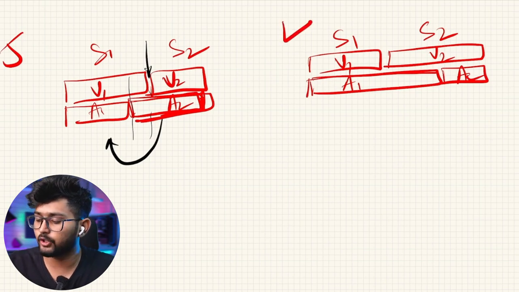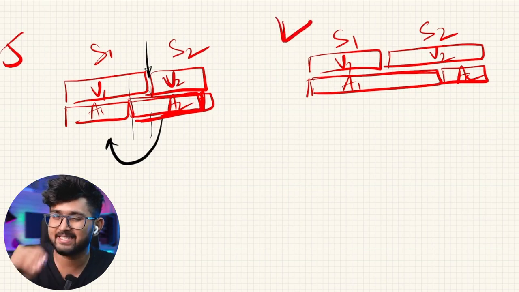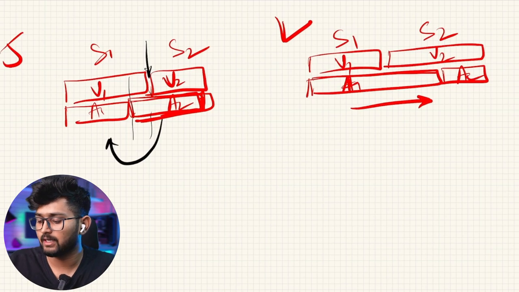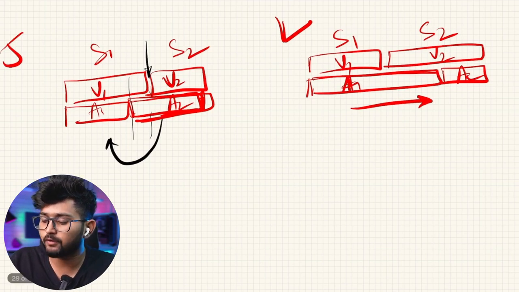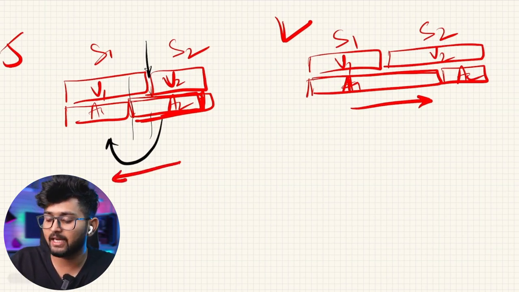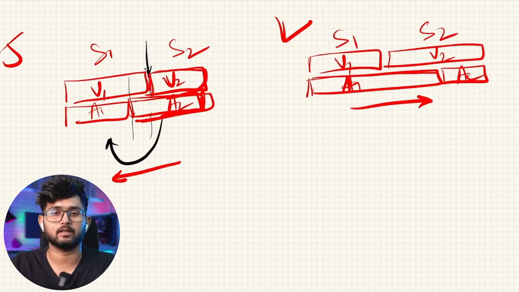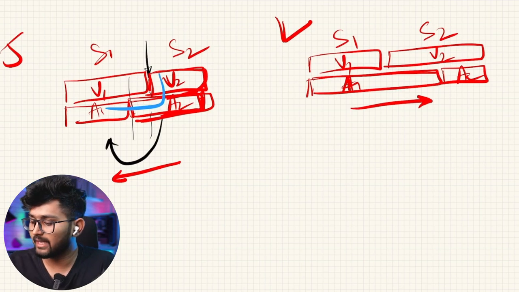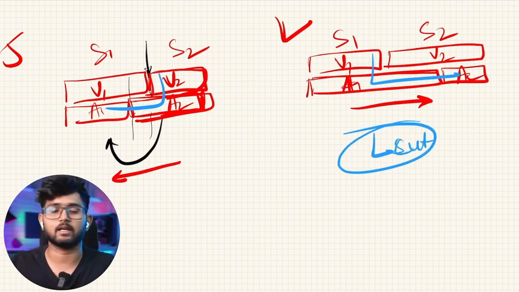But in an L-cut, it is the exact reverse. You have the audio of the first scene still trailing into the next scene. Here, the audio of the second scene was leading before the video started. That exactly looks like a J, whereas this looks like an L, and that is the reason why this is called an L-cut.